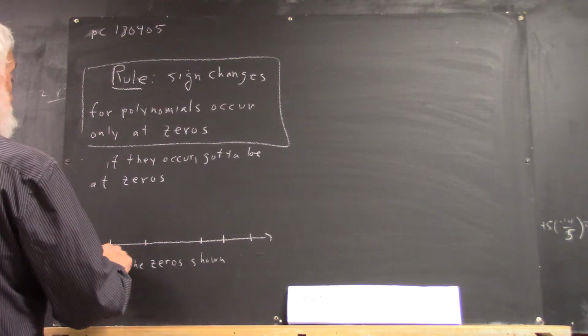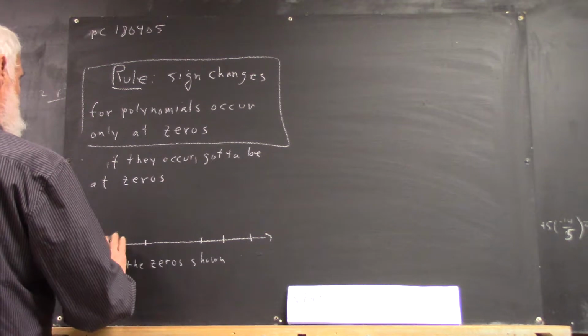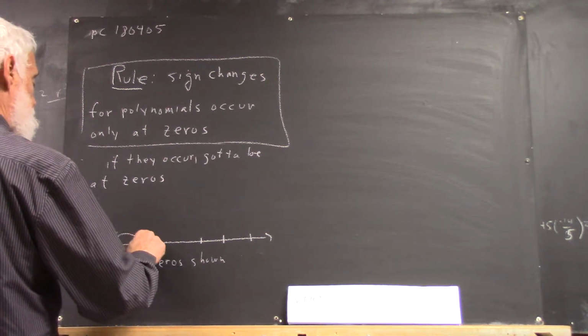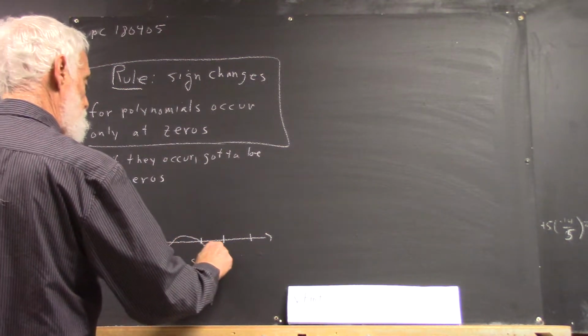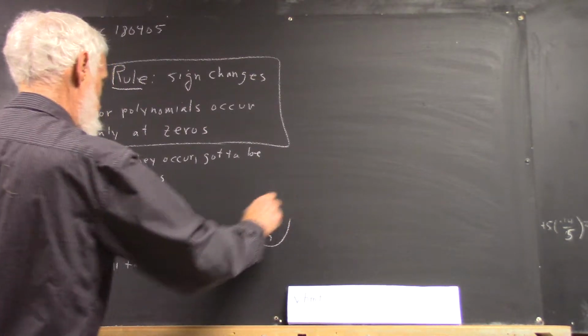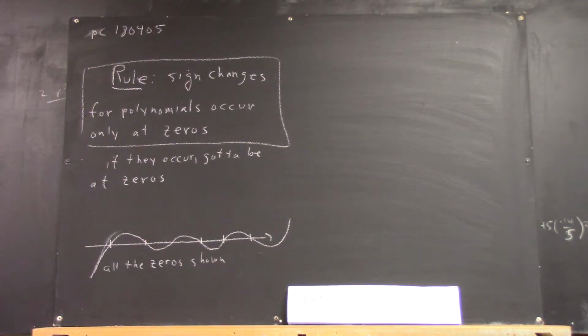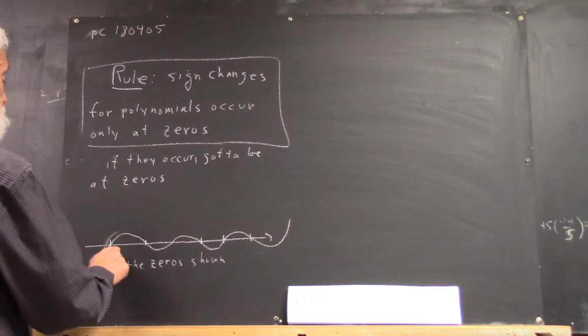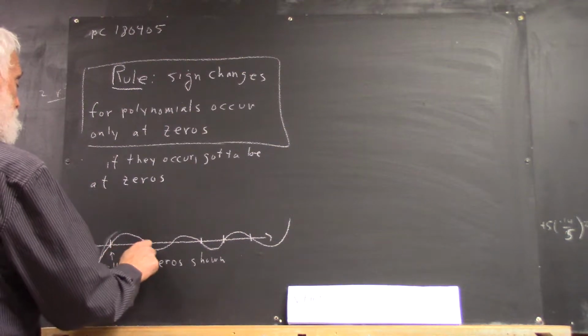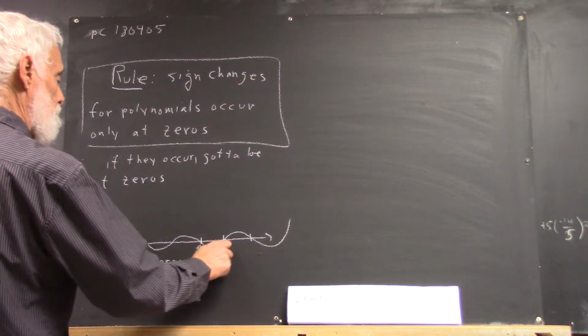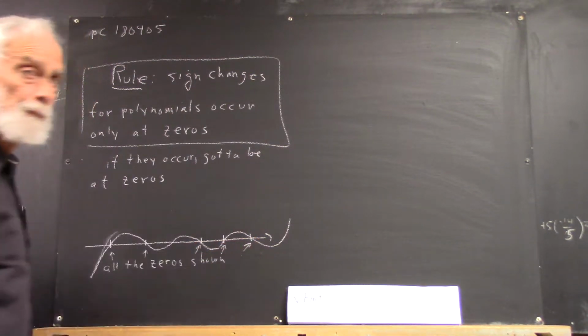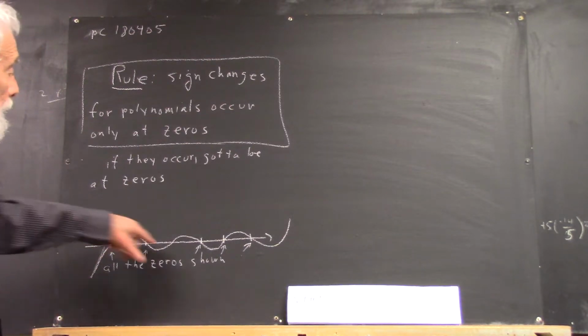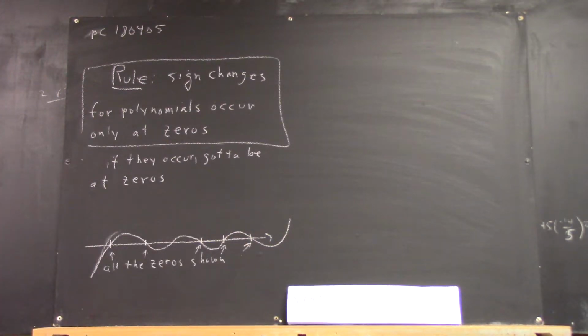Could the polynomial have a graph that looks like this? All the zeros are shown. This one, this one, this one, this one, and this one. Then this can't be the graph of a polynomial with those zeros.